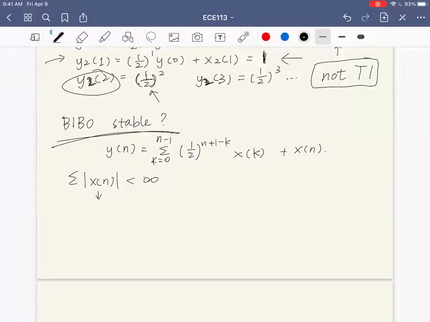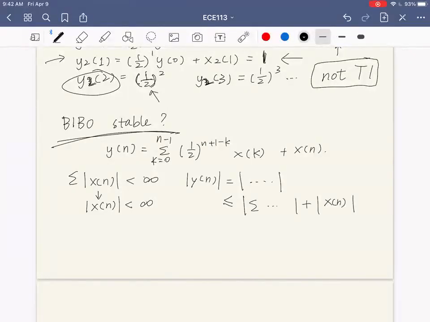So we can further write that every value in x of n should be finite, right? And then from this equation, we can add the absolute value on both sides of the equation, and we get the absolute value of y of n equals the absolute value of the whole right hand side, and then it is smaller than or equal to, splitting it into two terms, right?